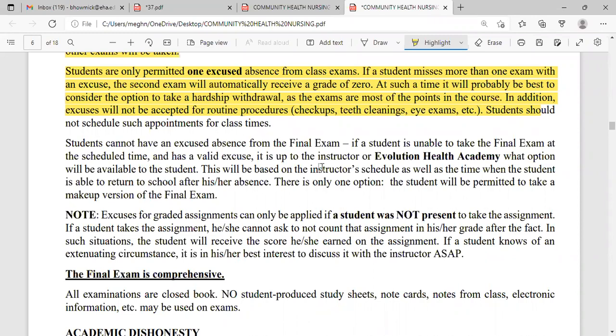The exams are the most points in the course. In addition, excuses will not be accepted for routine procedures, and students should make appointments outside of class time.